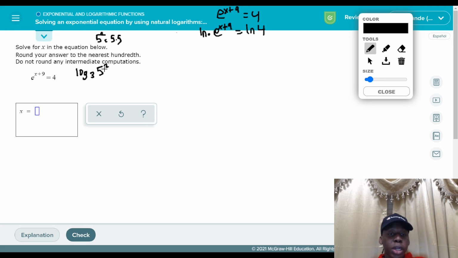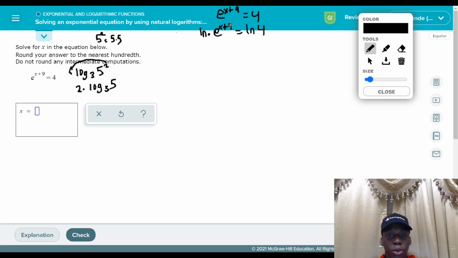We're going to take the 2 to the front and multiply 2 by log base 3 of 5. So we're going to say 2 times log base 3 of 5. We're not going to square 5 and say log base 3 of 25. All we're going to do is take the 2, put it at the front of the logarithm function, and then multiply by whatever we're working with.